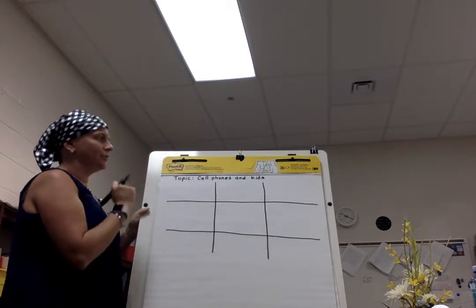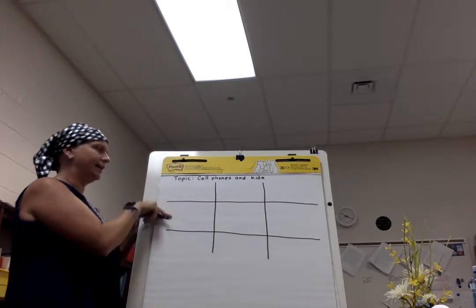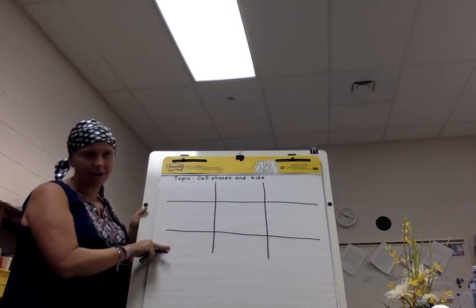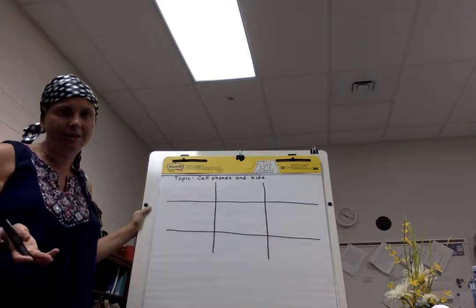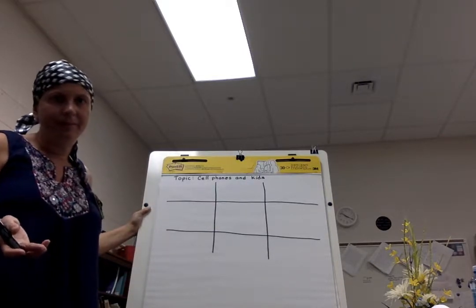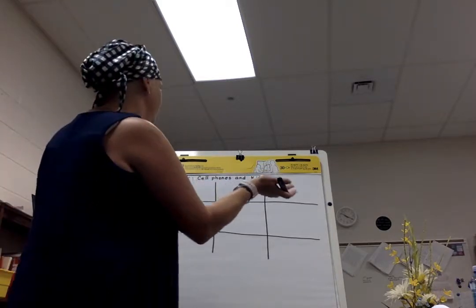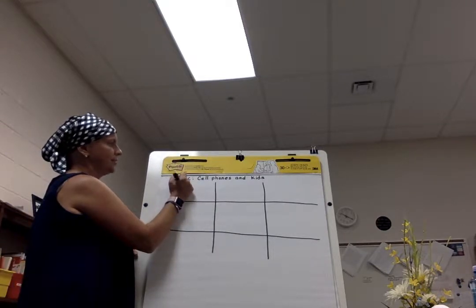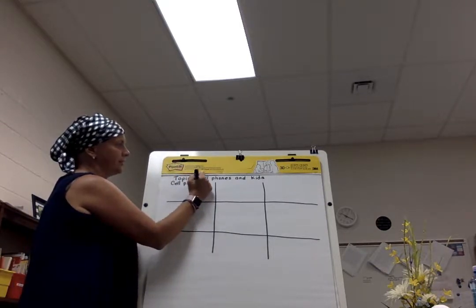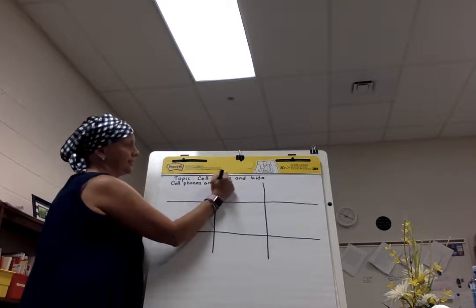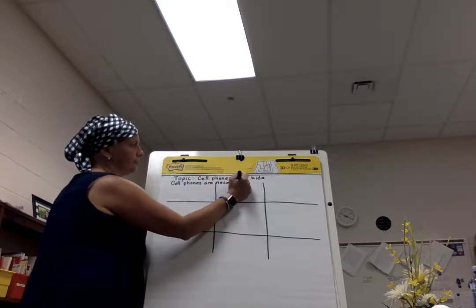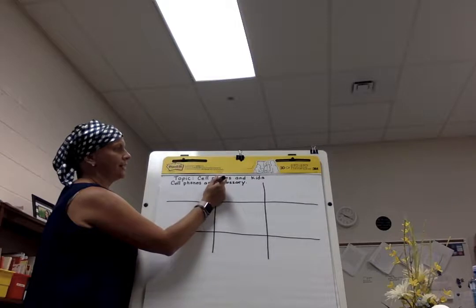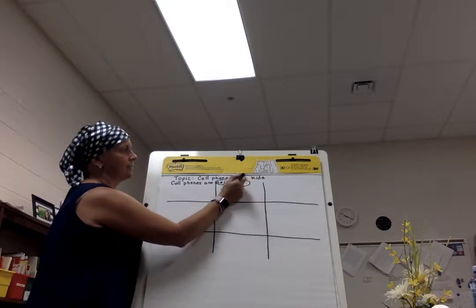Then you're going to have the 3, and we said it might be 2, but each of these represents a body paragraph. I'm going to try to prove my claim: cell phones are necessary. Now I'm going to try to prove this universal idea of them being necessary.